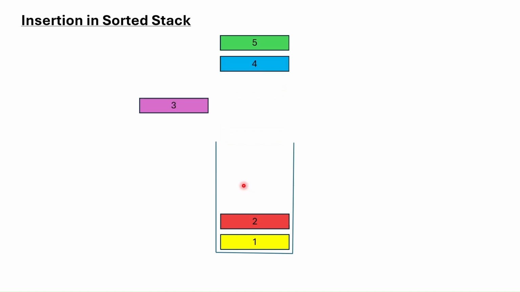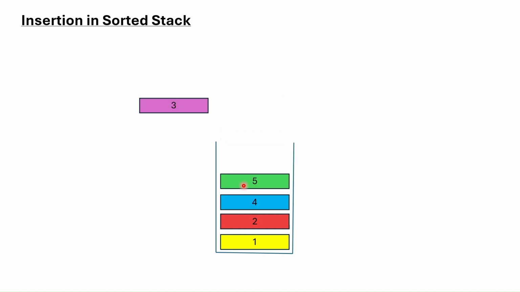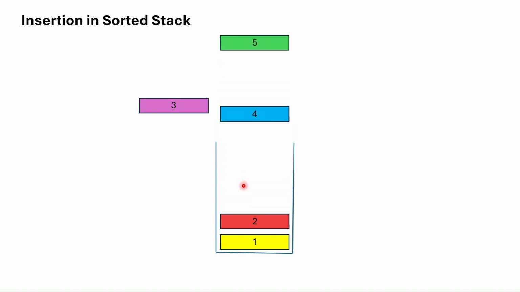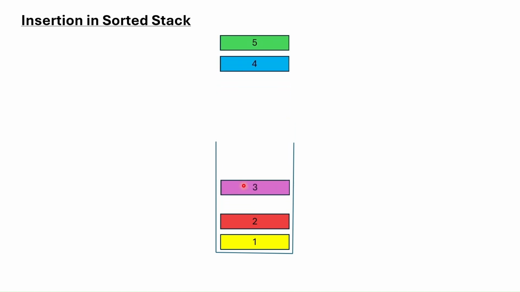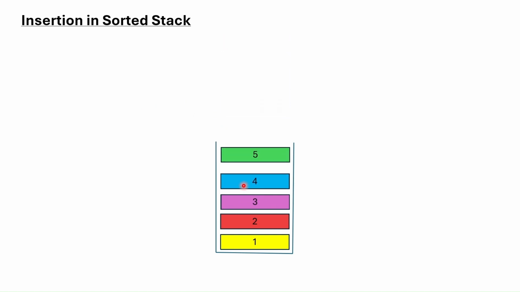Let's again see. To put this 3 in its correct position, we pop 5, we pop 4, then we push this 3, then we push 4, and then we push 5.